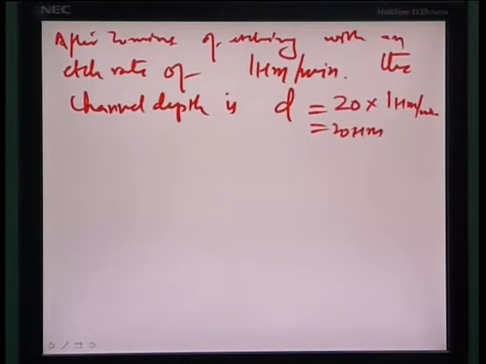So, it is about 20 microns, all right. If it is about 20 microns, then for the bottom channel, you want to find out what the bottom channel width is. So, let us draw this figure again.